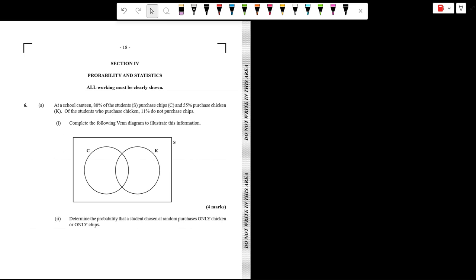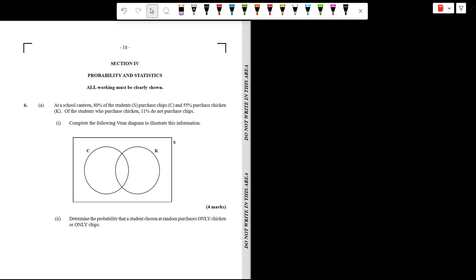All right, so this question says, at a school canteen, 80% of the students, S, purchase chips, C, and 55% purchase chicken, K. Of the students who purchase chicken, 11% do not purchase chips. All right, let me read it again.